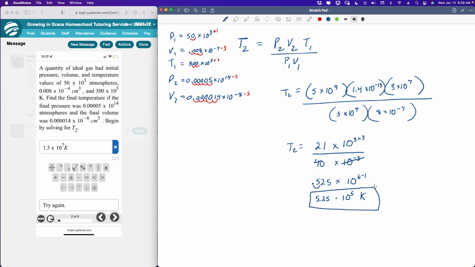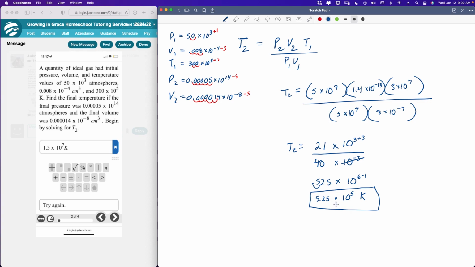The reason I switched from this X to the dot is because the multiplication dot is what you have on your algebra keyboard. So you have to remember that whenever you are typing it in, switch over to this and not use the letter X, because the system won't read the X as multiplication.